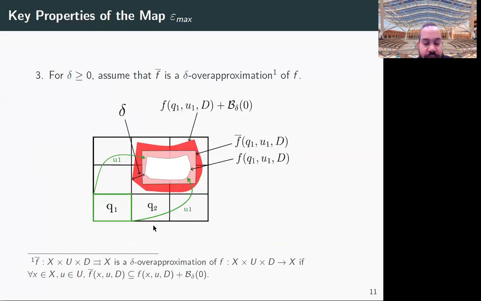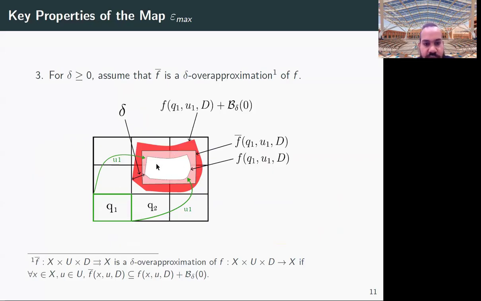For the third property, I need to explain what a delta over approximation is. Then I will provide the key property. So what is a delta over approximation of F? Let's consider here the same example.